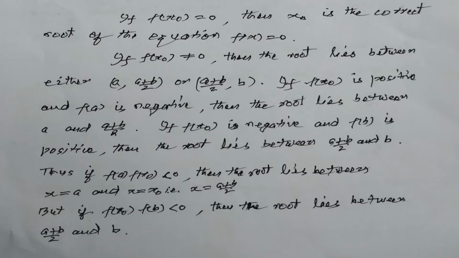Thus, if f(a) into f(x0) is less than 0, then the root lies between x equal to a and x equal to x0, that is x equal to (a plus b) by 2. But if f(x0) into f(b) is less than 0, that is negative, then the root lies between (a plus b) by 2 and b.